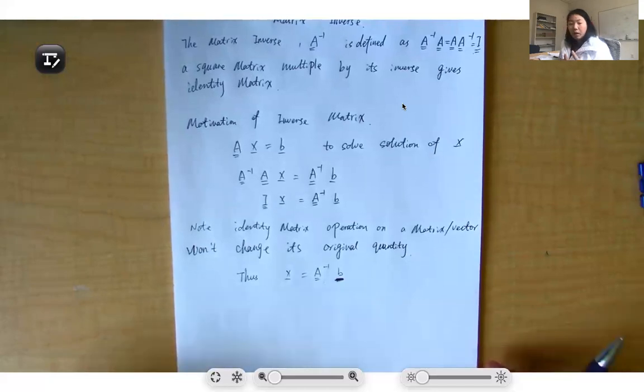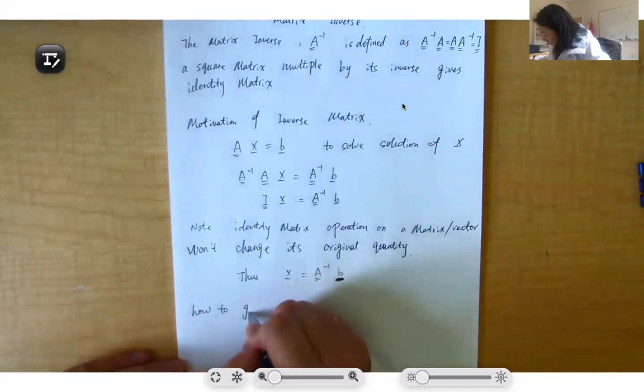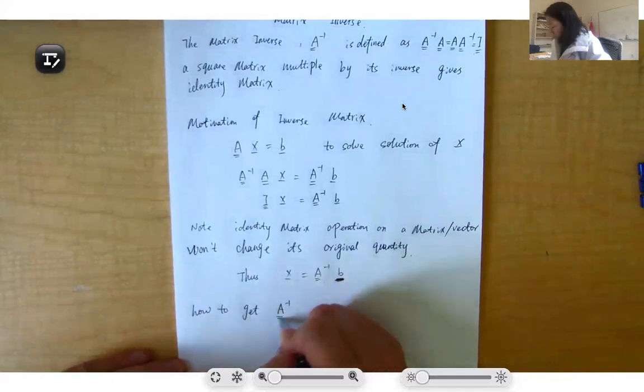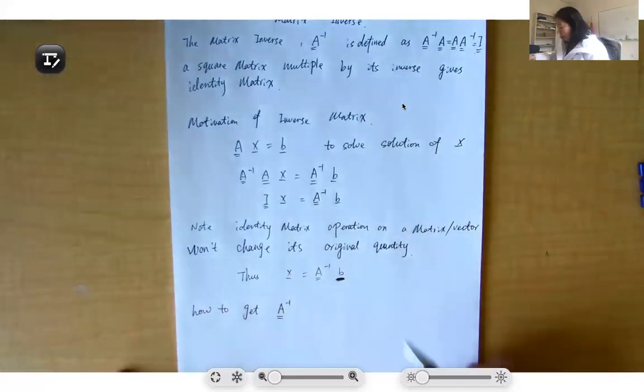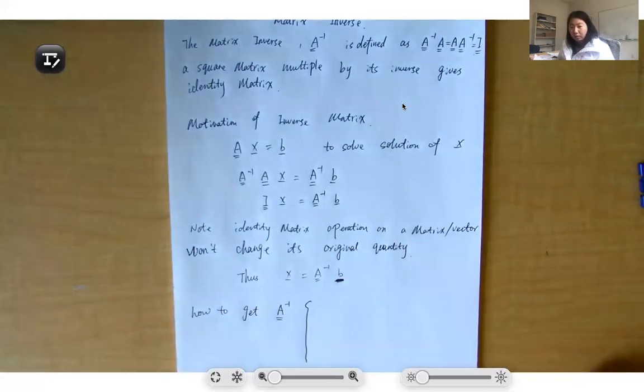Then how do we get the inverse matrix from a matrix A? How to get A inverse if A is known? There are several ways to solve.